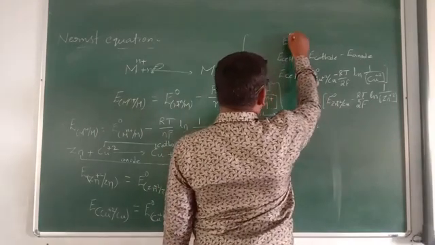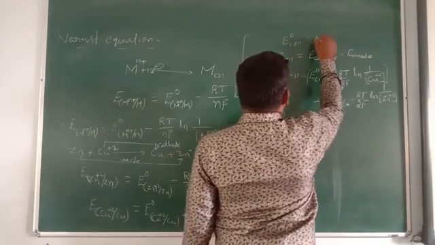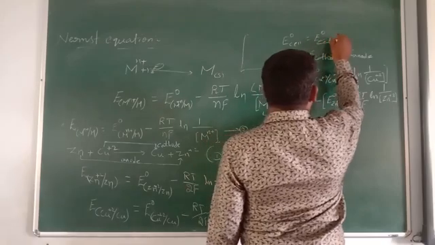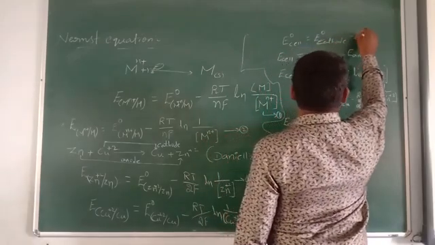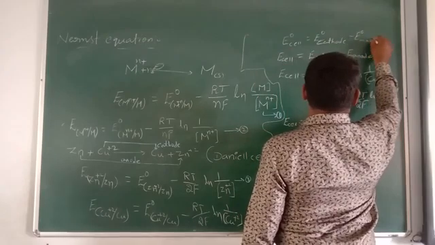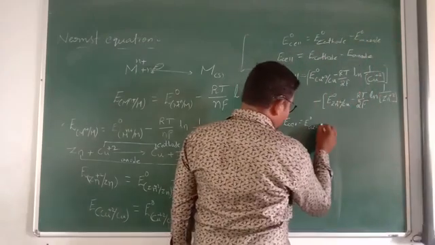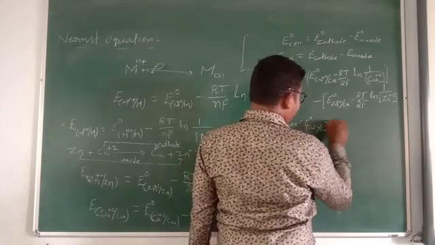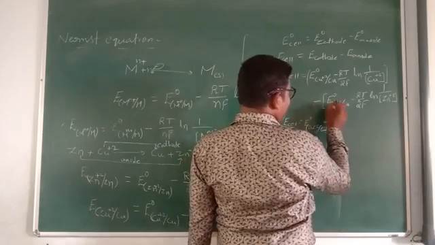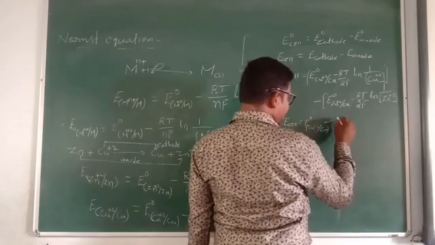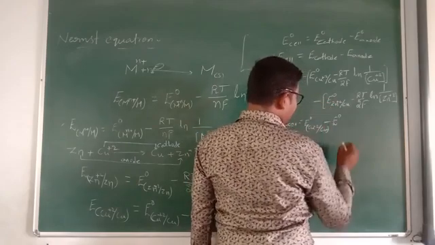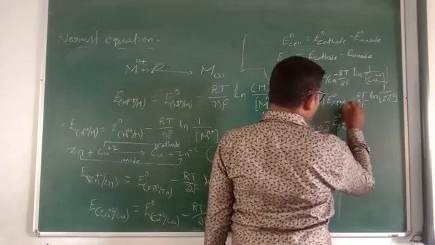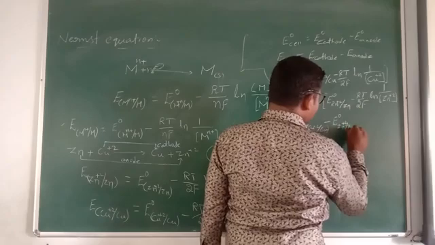So from this we can write E cell is equal to E naught Cu+2/Cu, minus E naught Zn+2/Zn. I already wrote E naught cell is equal to E naught cathode minus E naught anode. I am just rewriting the equation.